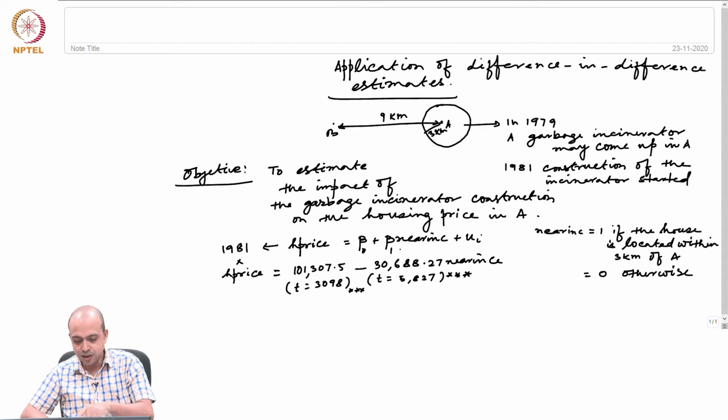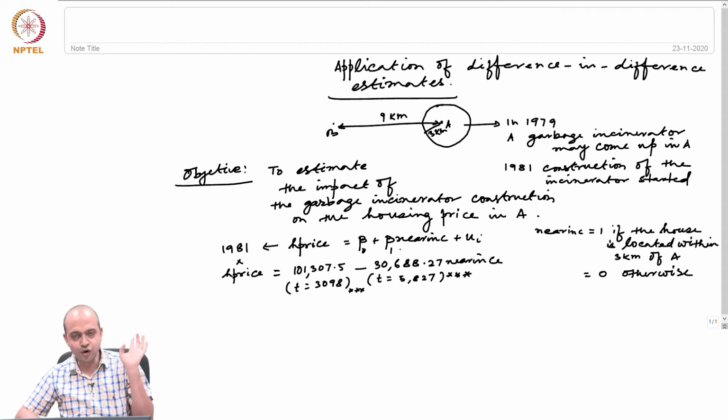What I am saying is, the intercept indicates the housing price of the base category, and the coefficient of the near dummy indicates the difference in the intercept. That means I can say that in 1981 the housing price in A is 30,688 lower than that of the housing price of B, which is 101,307.